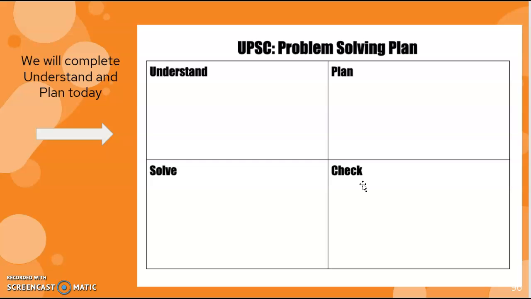If you are using addition, then you can check it with subtraction. And if you're using subtraction, then you can check your work with addition. You just have to be careful with your computation, because one error in computation can cause you to think that your entire problem is wrong. And also in the check box, we write a statement to justify our thinking and show that we understand and actually answer what the question was asking.